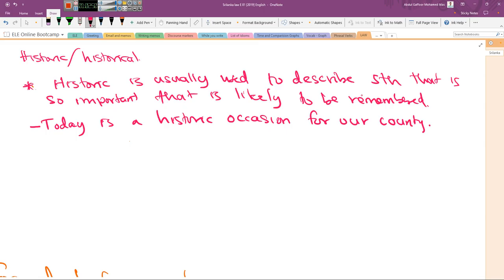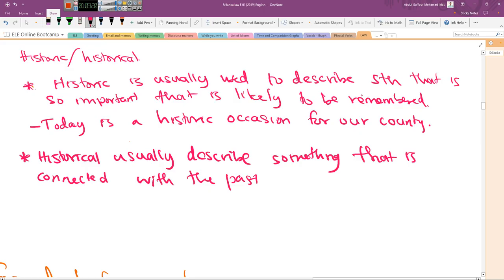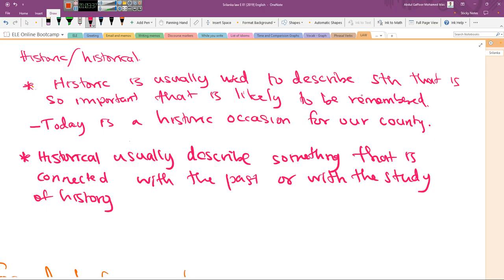Historical usually describes something that is connected with the past, or with the study of history, or something that really happened in the past.